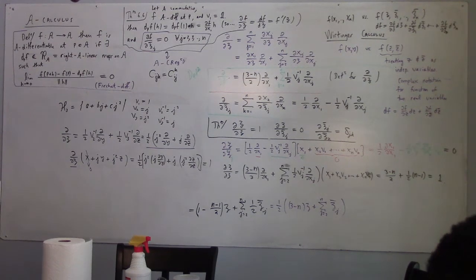Wait 1 sec. So partial x is equal to, check the claim. Partial y plus j squared. Oh wait, you can just pull out all those. So you get 1/2 partial y plus j squared partial z. No wait, this is the other way around. This is j squared, this is 1, this is z.